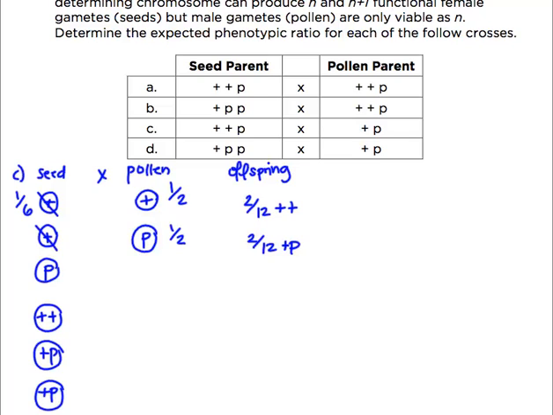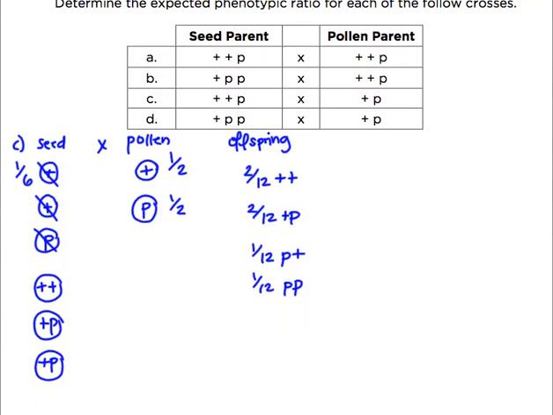Then you have P, so it'll be 1/12 P plus 1/12 P, P. Then you have plus plus, so 1 out of 12 chance plus plus plus 1 out of 12 plus plus P. And then these last two gametes are the same, so let's simplify that again. And it'll be 2/12 plus P plus 2 out of 12 plus P, P.